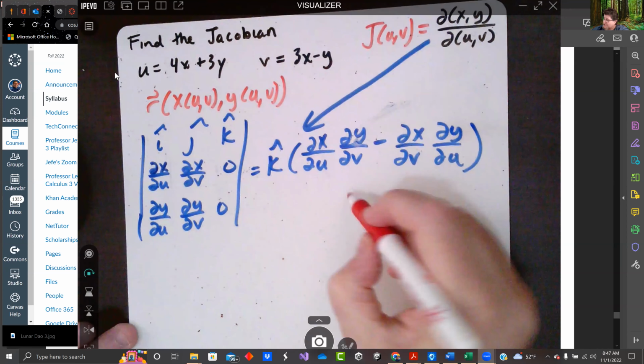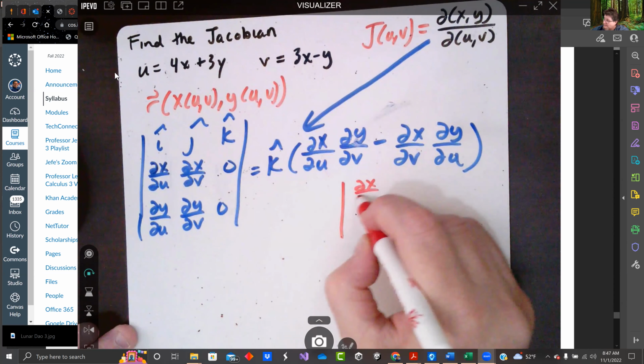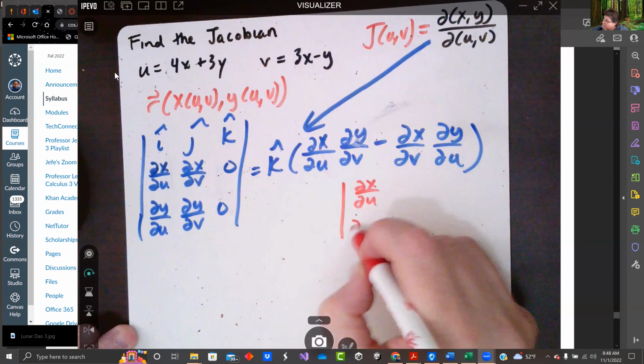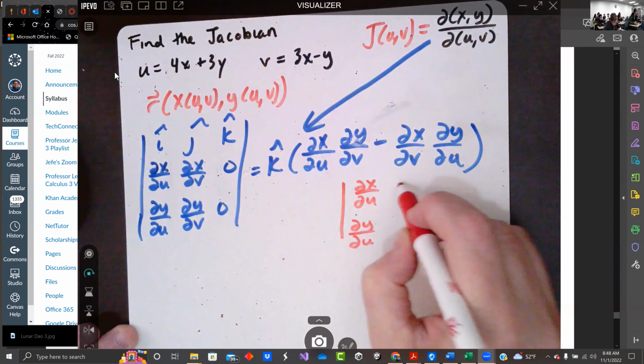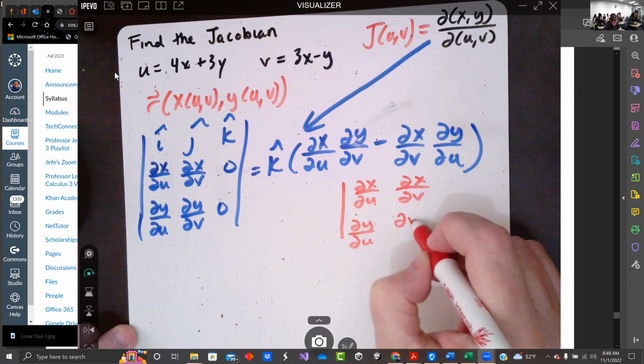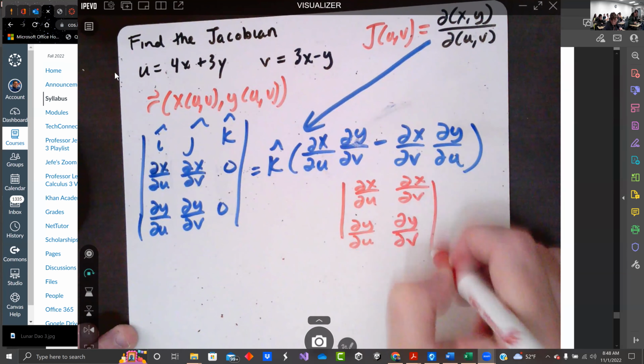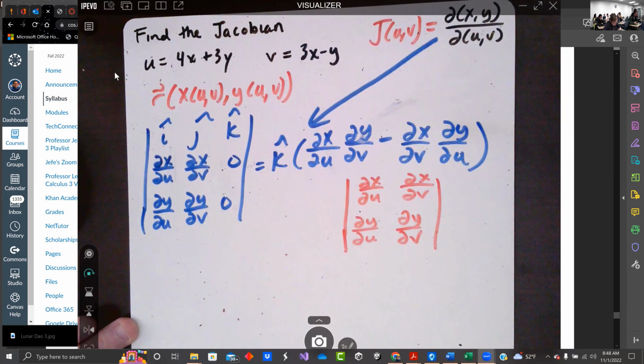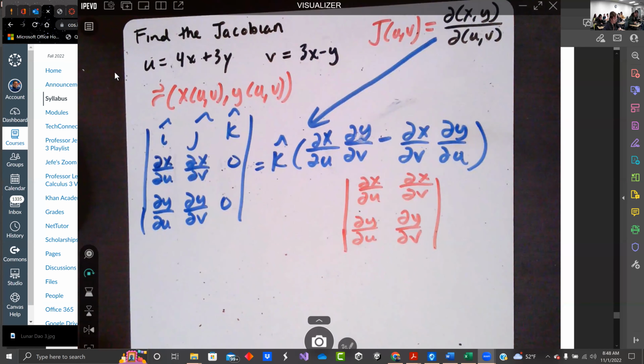Another way of writing this is just the 2D matrix. Where did you get all these? Wow, get 2x over 2. Oh, never mind, that's not 2. Those are D's, those are partial derivatives, not 2's.